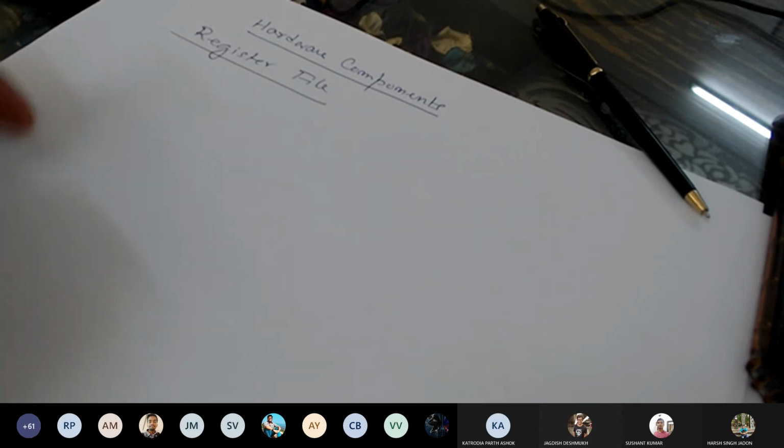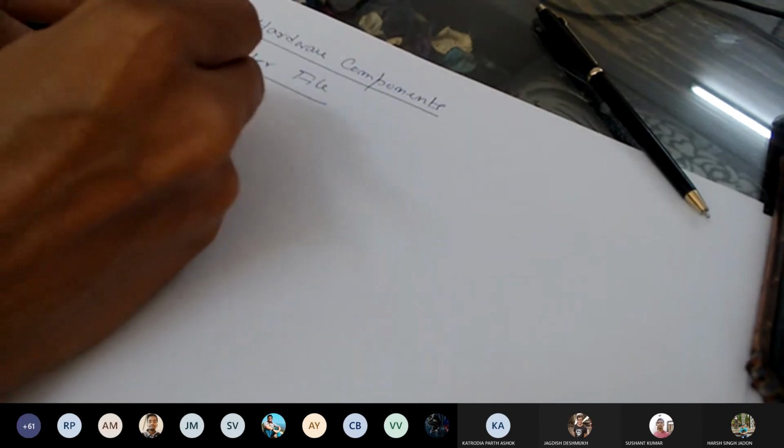So an abstract view again can be something like this.